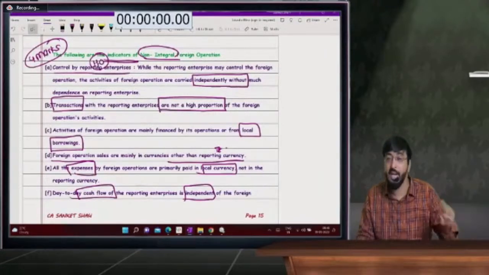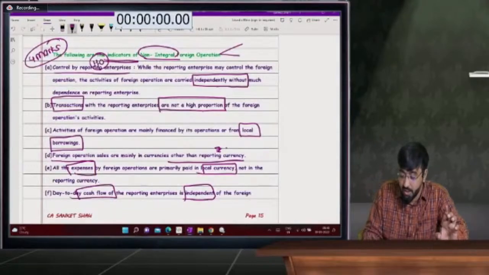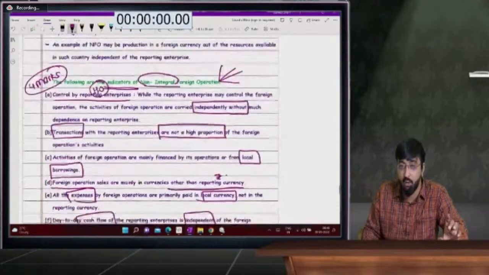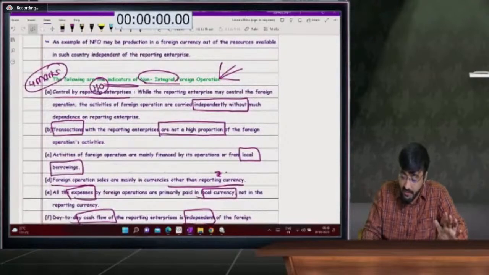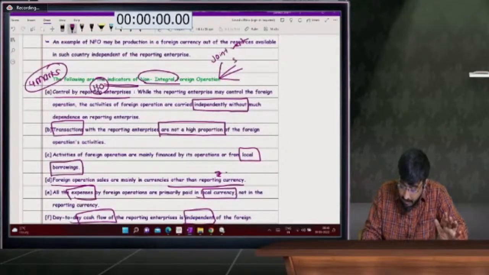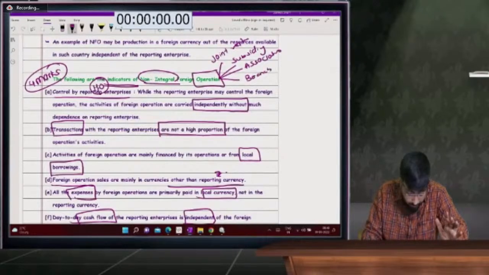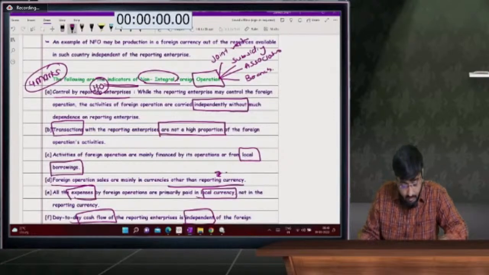Now what is the meaning of operation? So operation is not like any doctor's operation. Operation means here a joint venture, subsidiary, associates. The word operation means branch. Yes, beta, please write this.